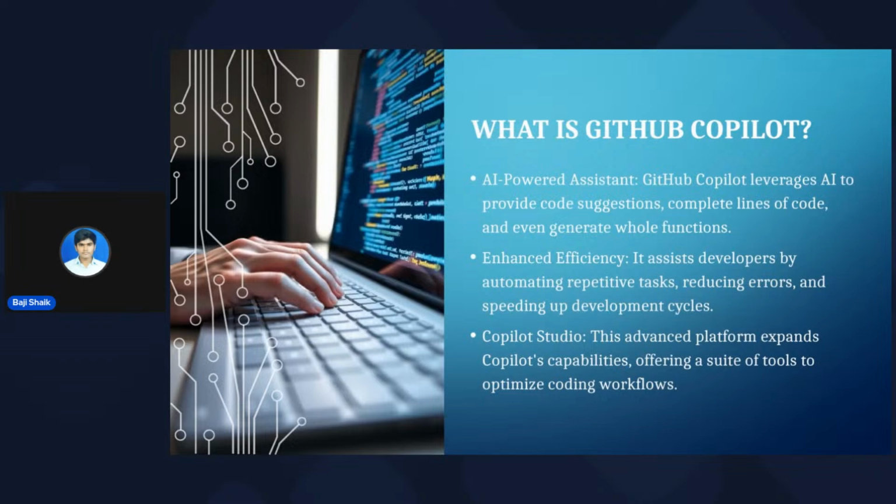If you are writing some code, after some lines you may get confused. You have a clear logic, but while writing code you may get some difficulties and need some suggestions. At that time Copilot will give you suggestions, like what the next line of code you have to write. It also gives complete lines of code and can even generate a whole function.